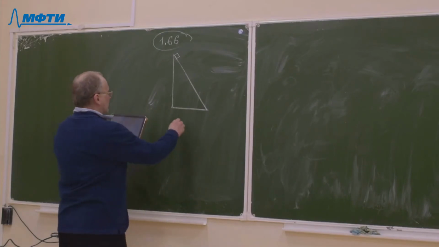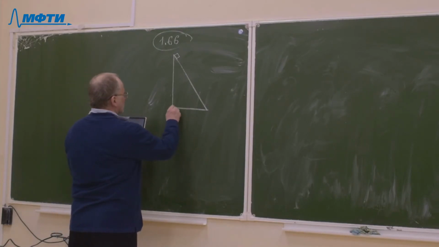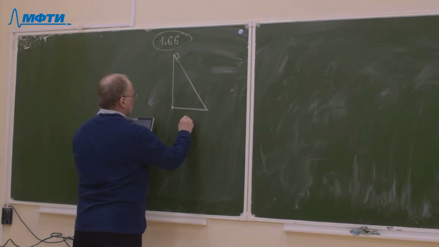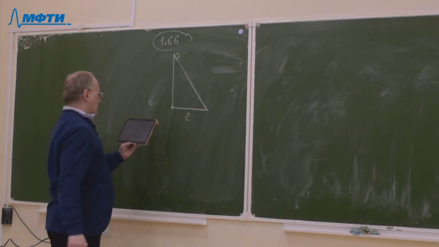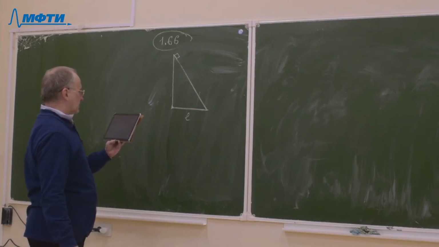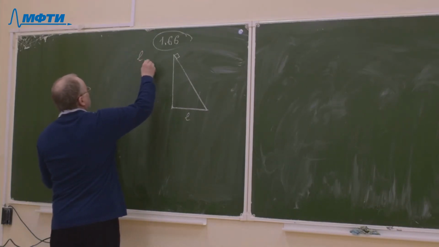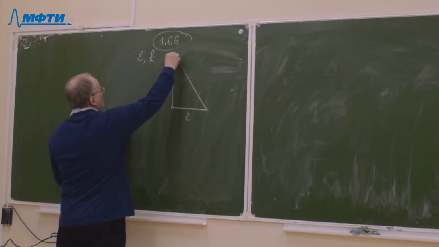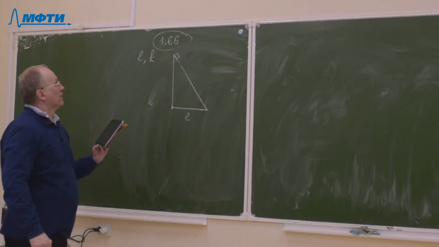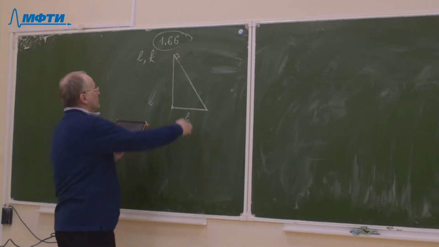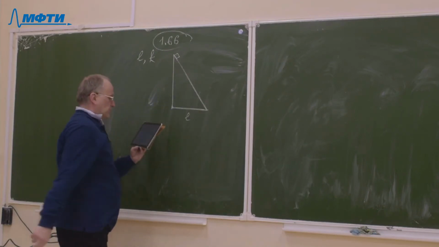The base of the wedge is given, that is, this side of the triangle is known. It's L. And the coefficient of friction is also given. So what we know is L and the coefficient of friction of this body on the inclined surface.